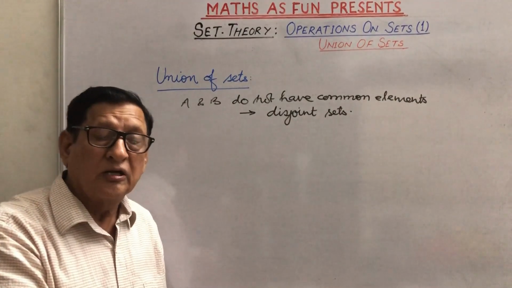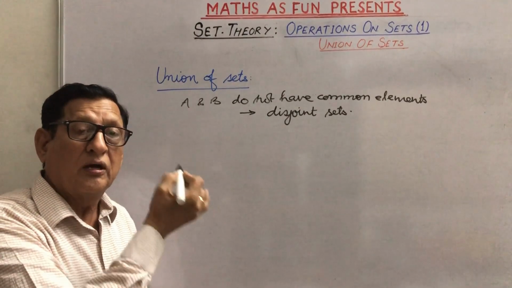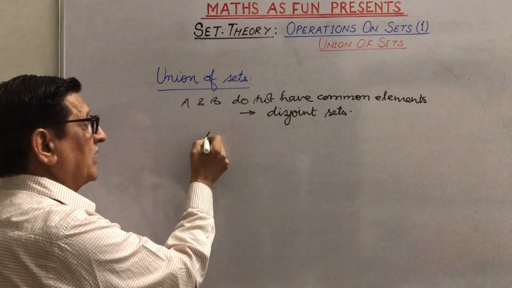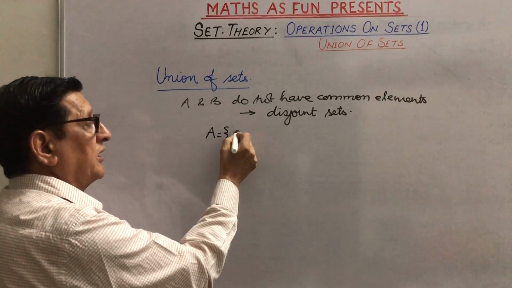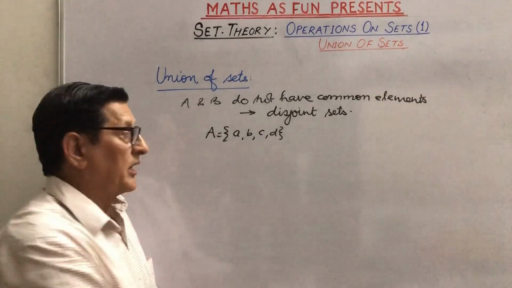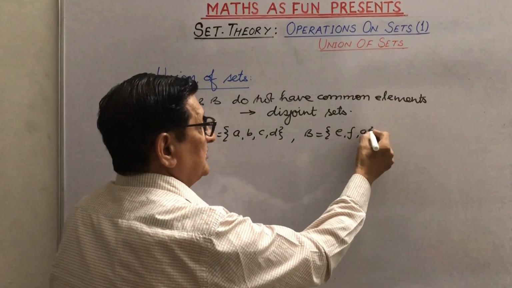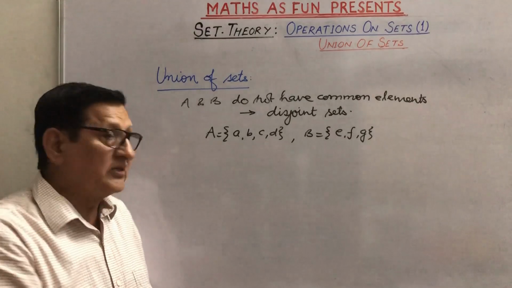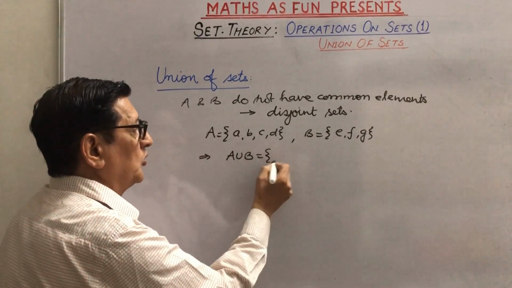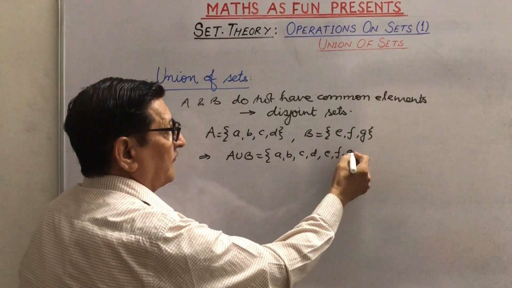In that case, A union B will be taking all the elements of A and all the elements of B. For example, suppose we have A as {a, b, c, d}, and B is the set having the elements e, f, g. Then the union of them, A union B, will be equal to {a, b, c, d, e, f, g}.